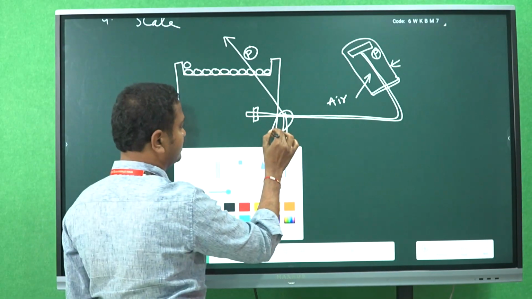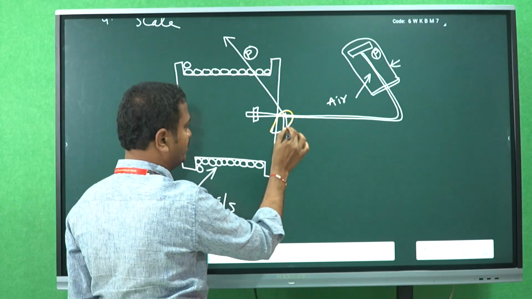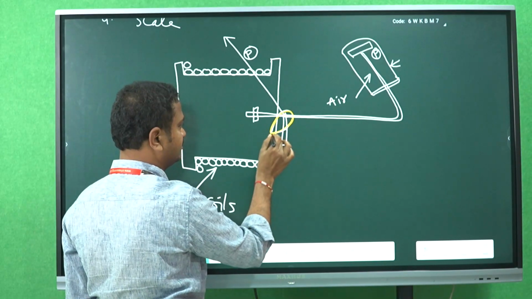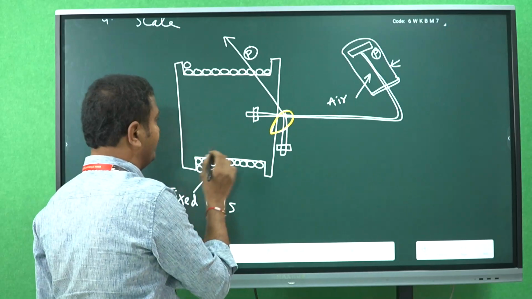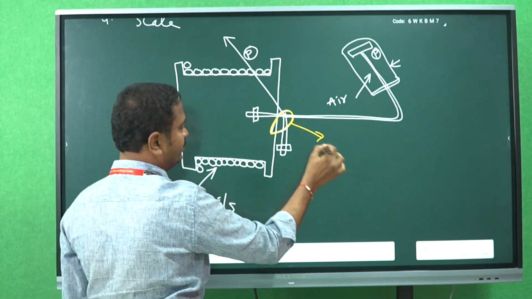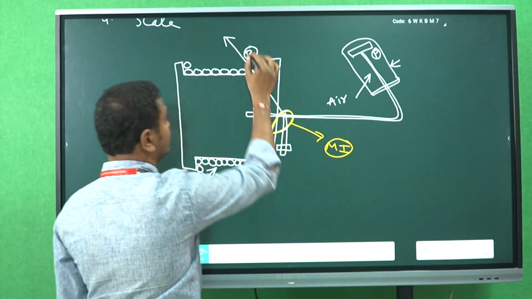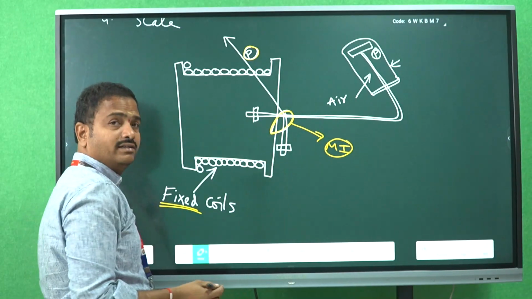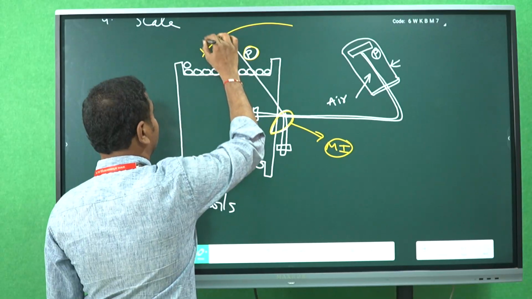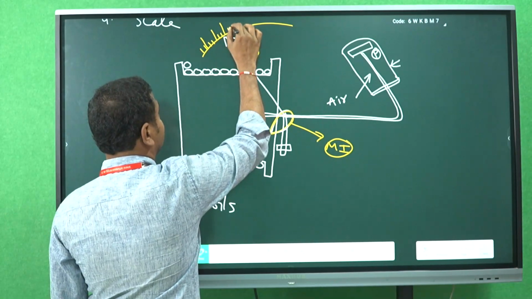This is the moving iron plate. So the deflection system has, first, the fixed coil; second, the moving iron plate; third, the pointer; fourth, the scale. This is the graduated or calibrated scale.